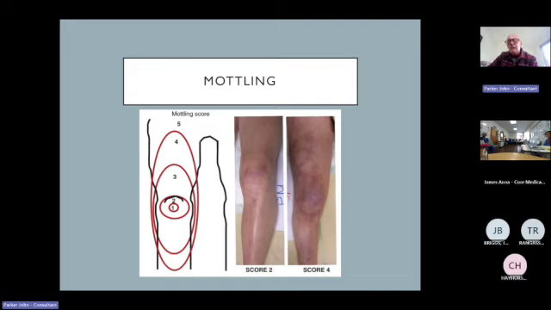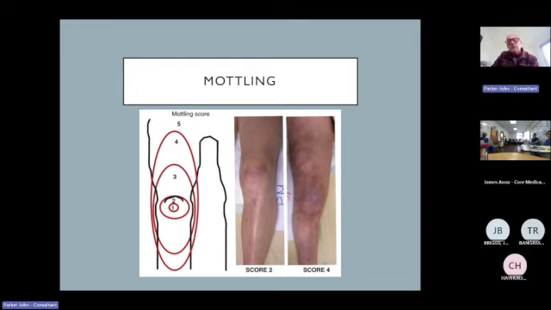As you see, usually the best place to find it is on the leg, around the knee, and it tends to spread out from the knee down the shins and up the thigh. As you can see, it can be graded from grade 1 to grade 5, where 1 is just around the kneecap and 5 is occupying the whole leg and up onto the abdomen.